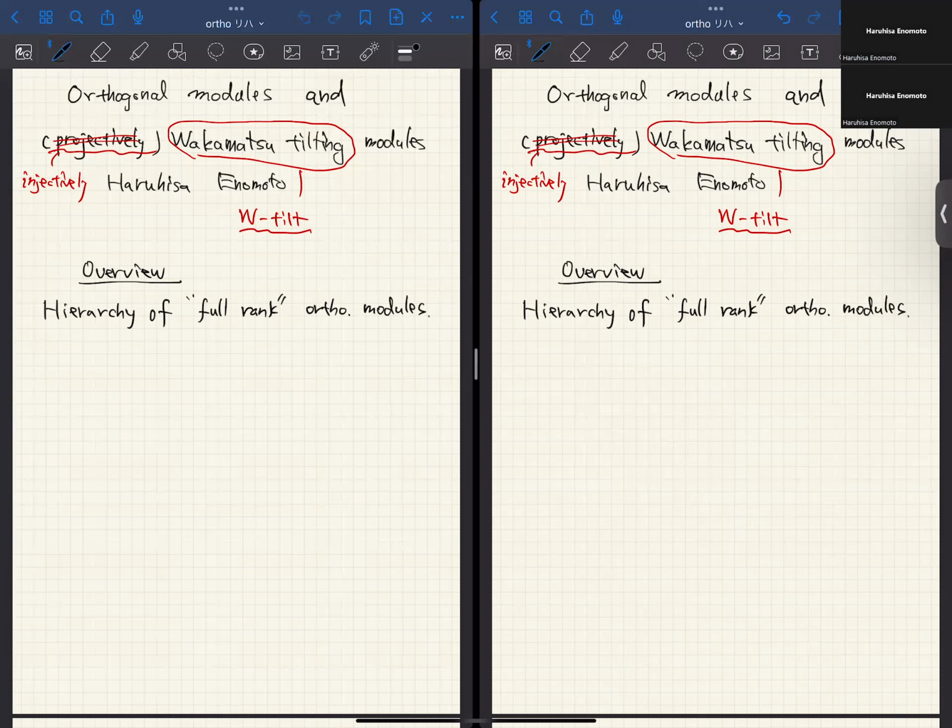Orthogonal module is the main topic of this workshop, and trivially there is a very typical example, which is lambda itself, a progenerator, and D lambda, the matrix dual of lambda, which is an injective cogenerator. We have these two extreme orthogonal modules, and we can generalize these modules to tilting modules.